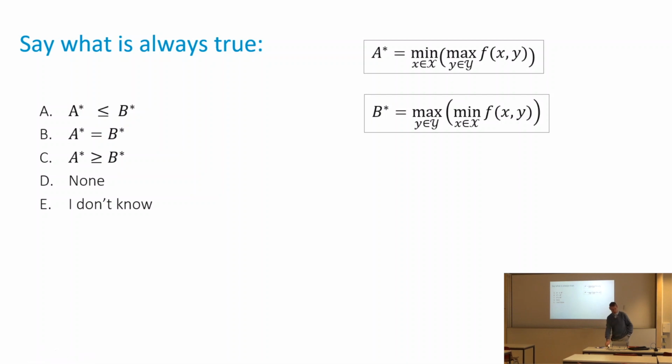To see how, perhaps one simple thing to do is imagine that x and y are the indices of a matrix. So x is the index of a row in a matrix. Y is the index of the column.